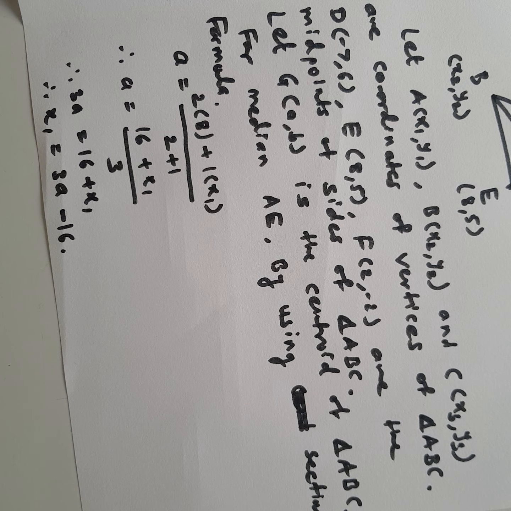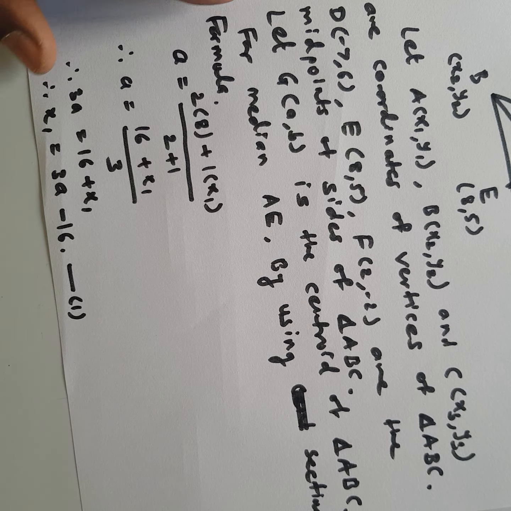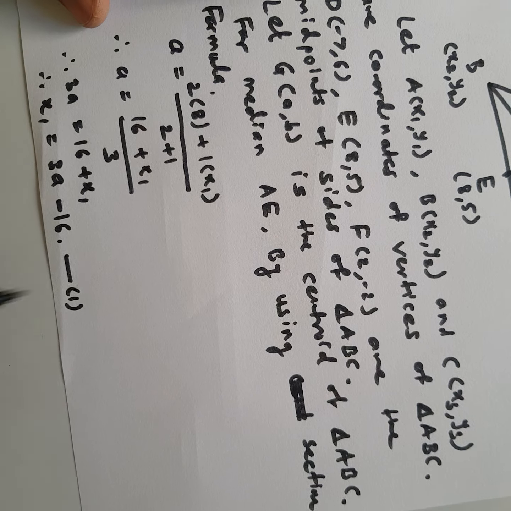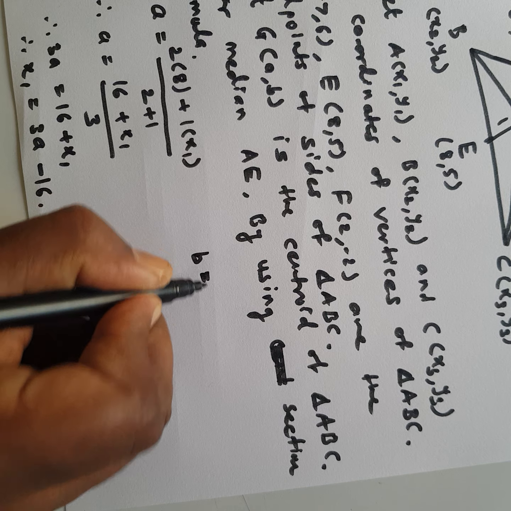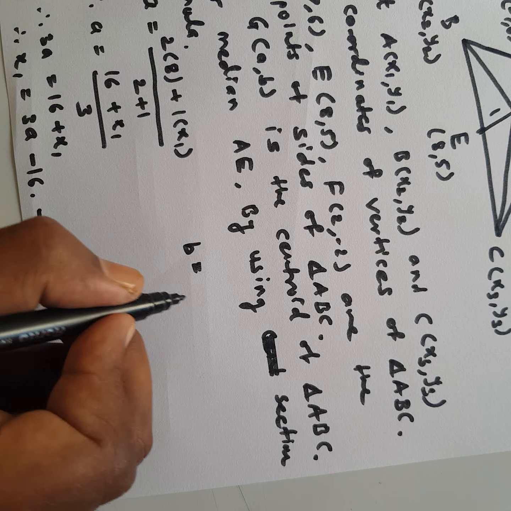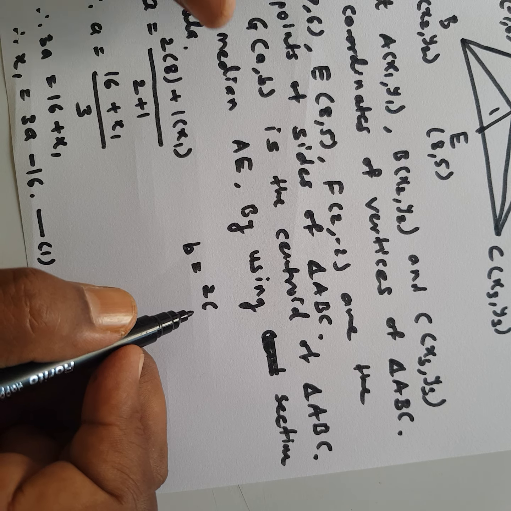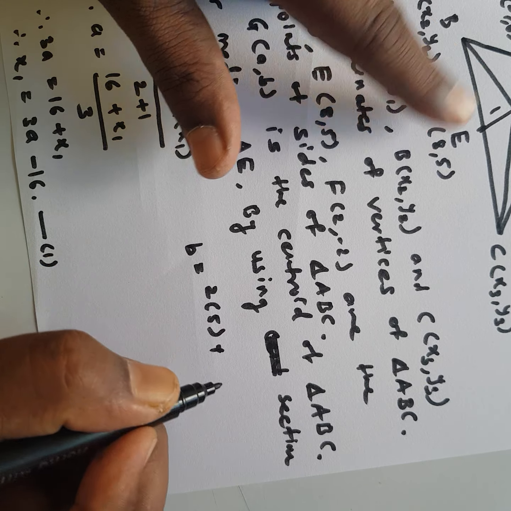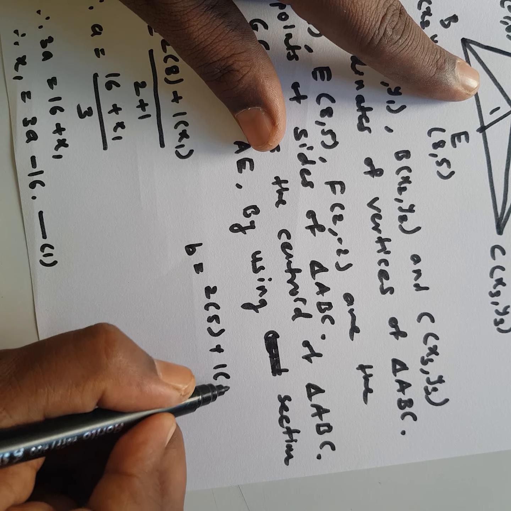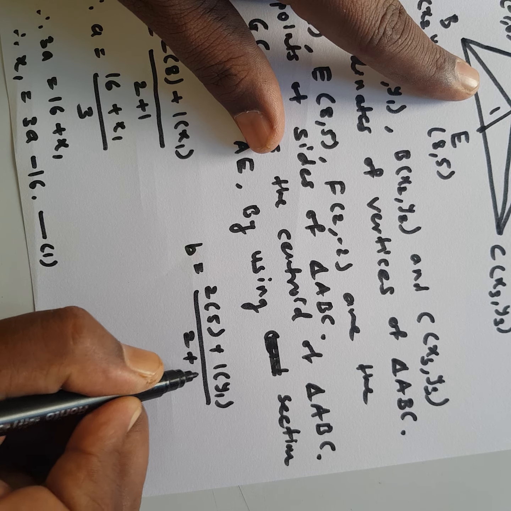It is the x coordinate of point A. Then y coordinate, b is equal to (2 into 5 plus 1 into y1) upon (2 plus 1).